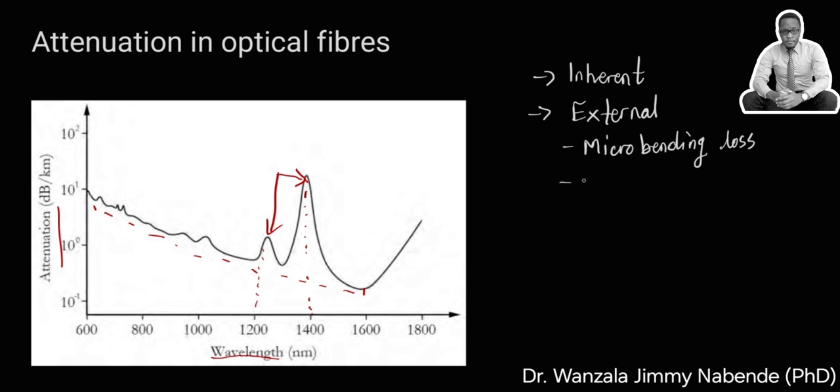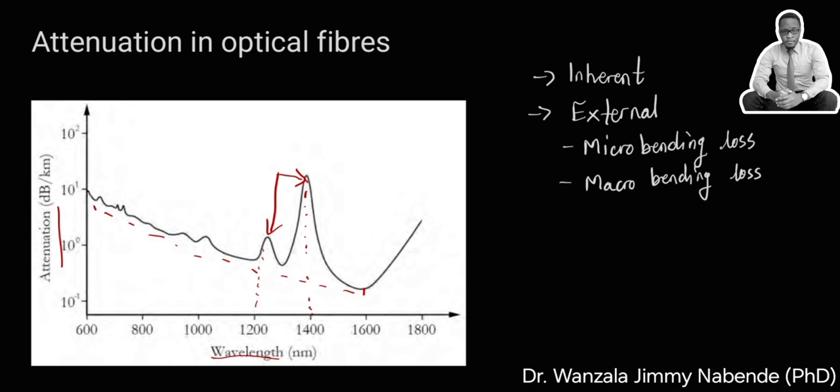Then there's what we call the macrobending loss. This one is also caused by the changes in the refractive index. However, for this one, it's experienced during its use when the strains are being experienced on the fiber optic.